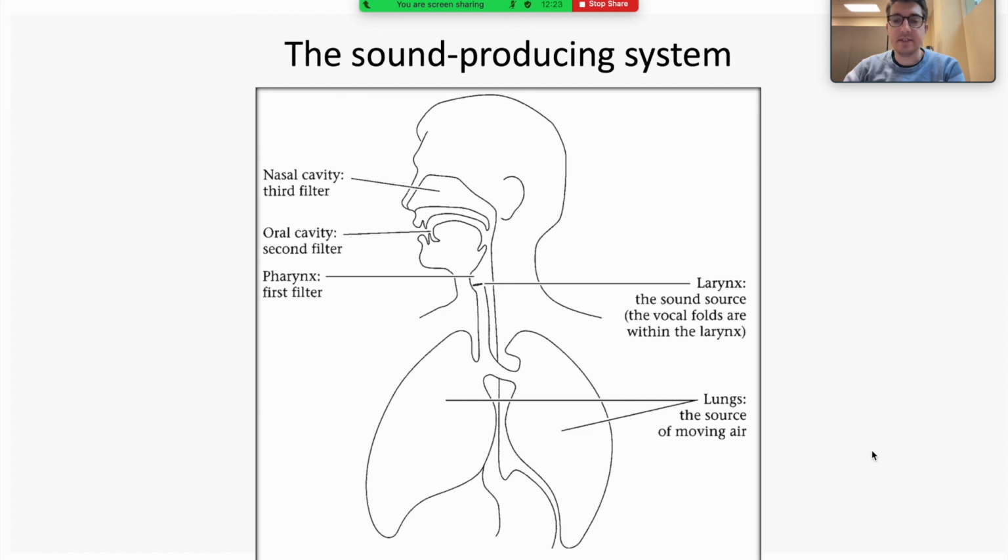Again, from the lungs, air goes through the windpipe, larynx, pharynx, oral cavity, and nasal cavity. The nasal cavity, oral cavity, and pharynx are called the vocal tract. The majority of the articulators or organs that we use in speech are there in our vocal tract.